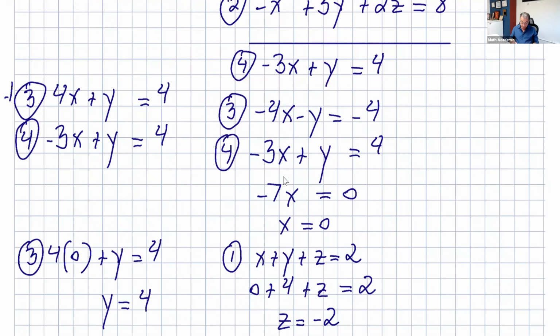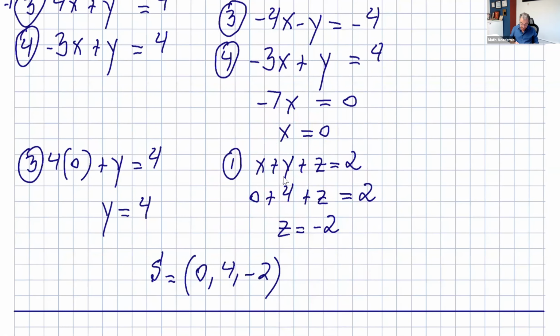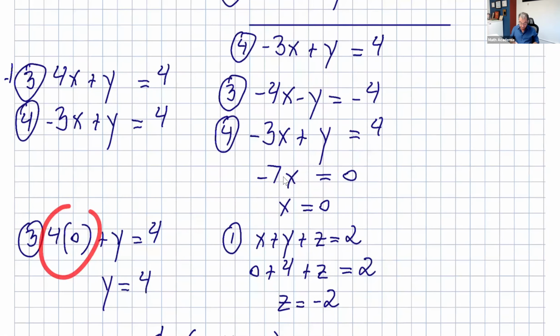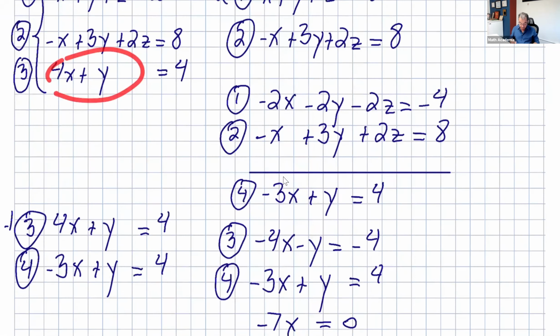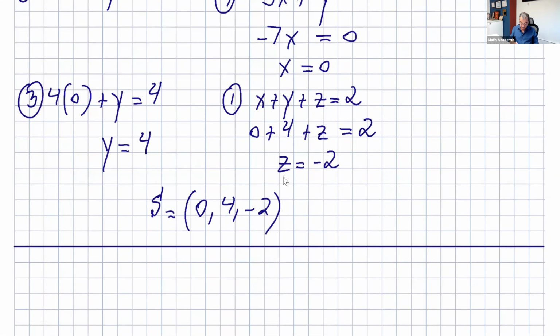And this is just 2 equations, 2 unknowns, and you can solve for x by multiplying the top one by -1, so you get -4x minus y equals -4, and -3x plus y equals 4. This gives -7x equals 0. Solve for x, and x is 0. You can substitute the value of x, which is 0, in number 3, and you get 4 times 0 is 0, so y is left to be 4.